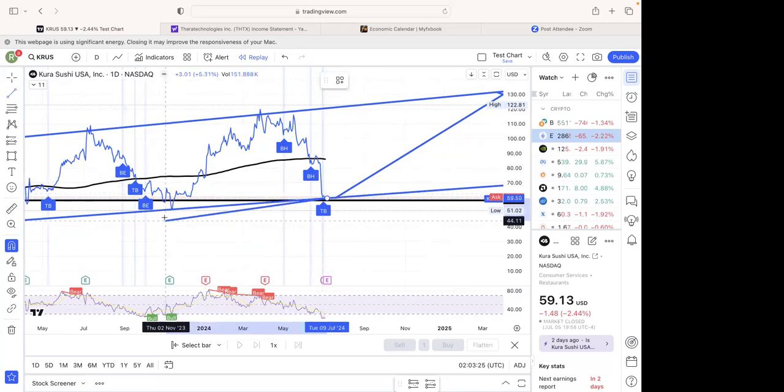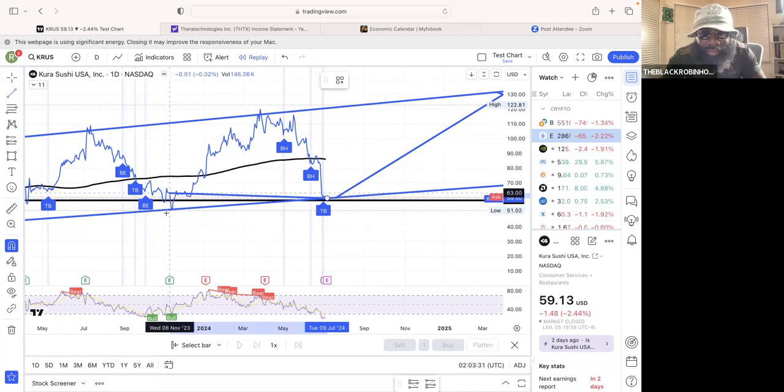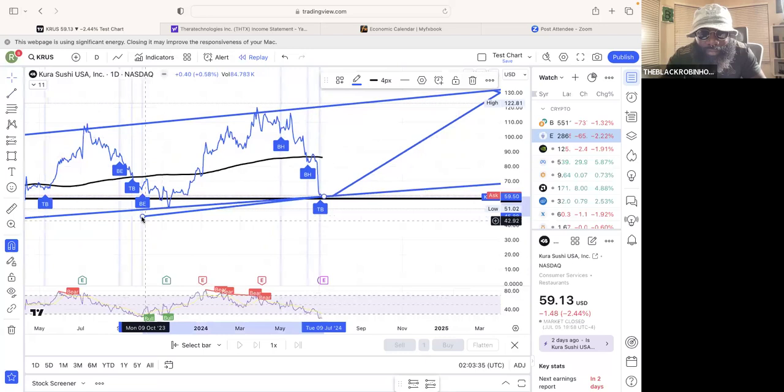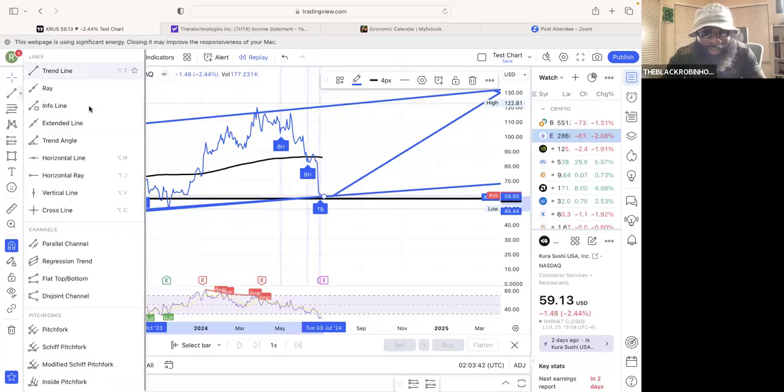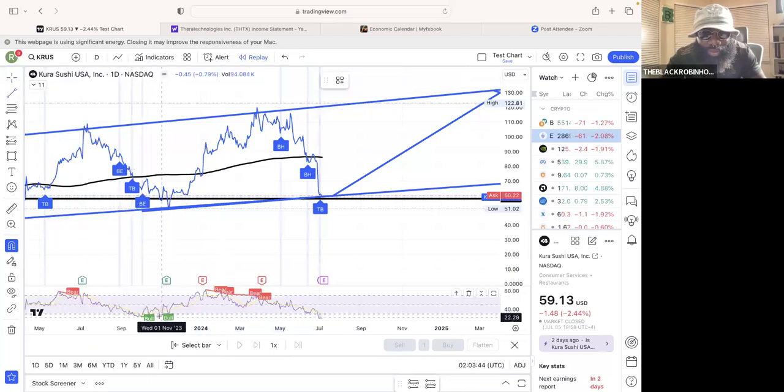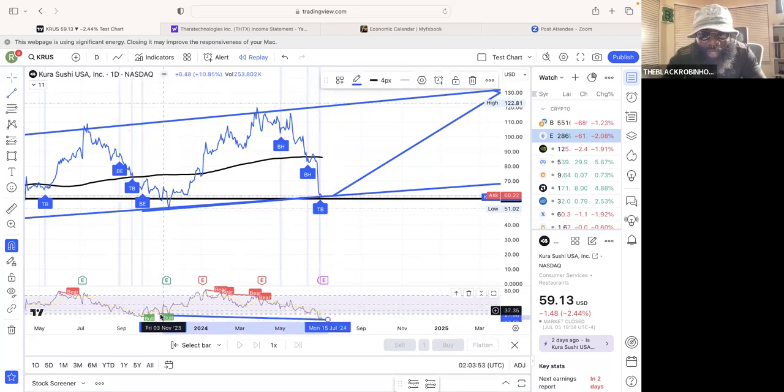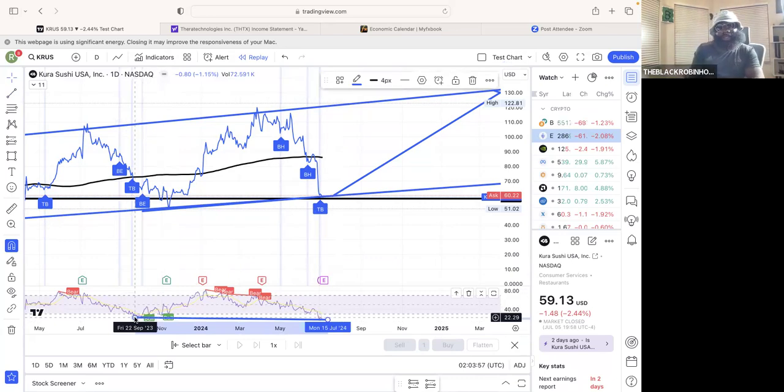This is moving from bottom to top. From the RSI at the bottom, it looks like it's doing this.